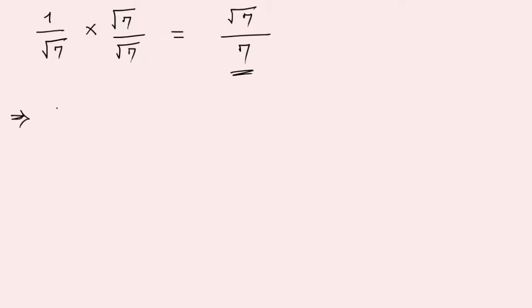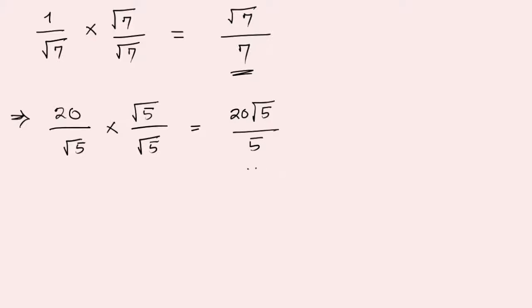What about 20 over root 5? Simple. We multiply both numerator and denominator by root 5, and so this is going to be equal to 20 root 5 over 5. Rationalized. What if you have 2 root 3 over root 5?